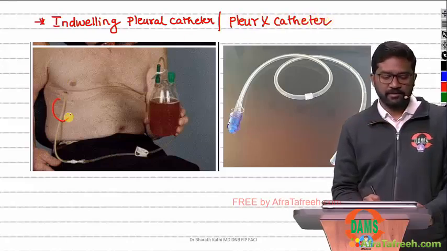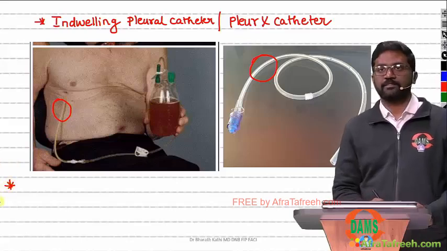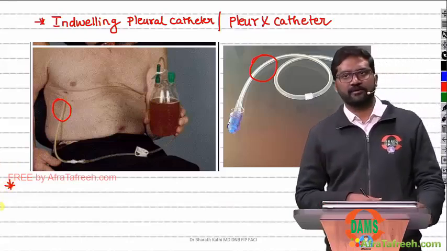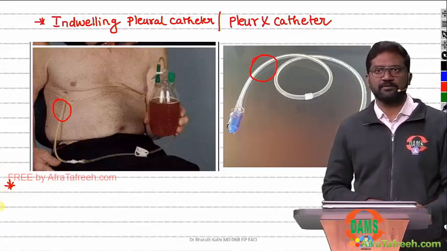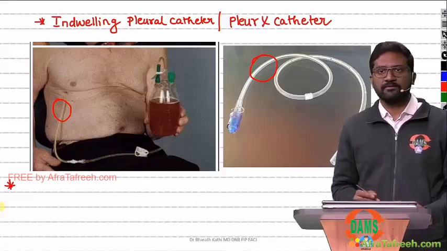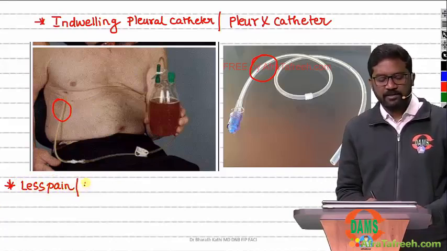So you can see this is a small flexible tube, and the method of putting is slightly different from the routine ICD. So we try to go in the subcutaneous plane also, so that the tube will not get expelled that easily. And this has shown that patient will have less pain, less chances of infection.